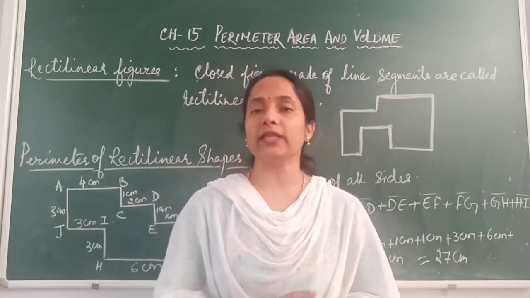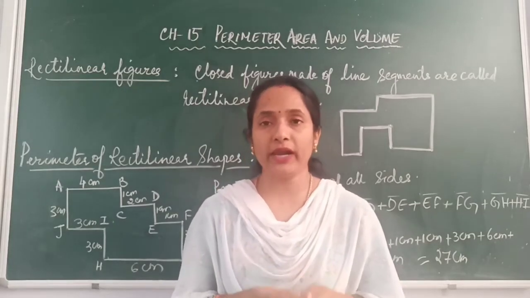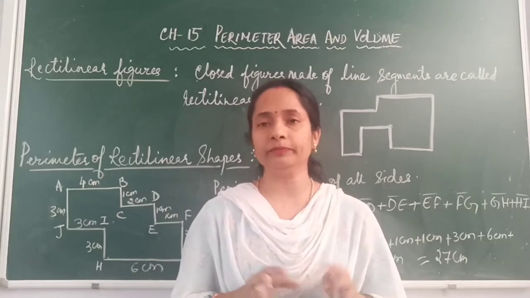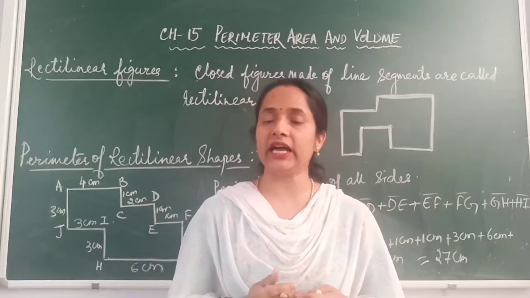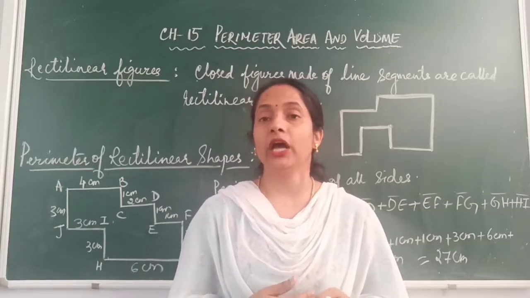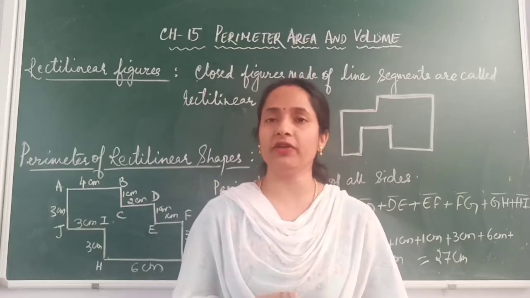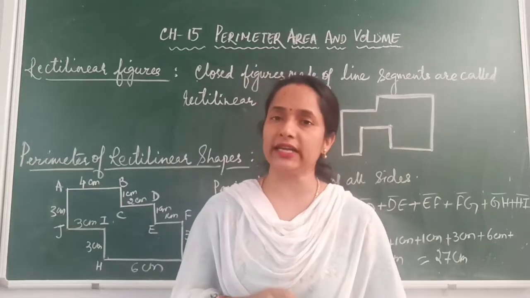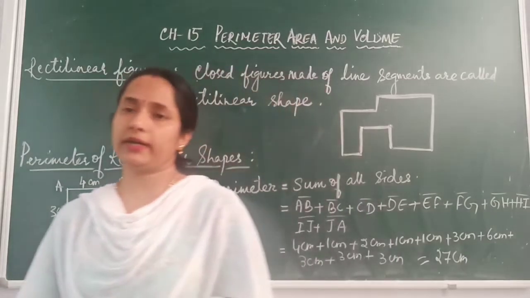In today's class, I will only discuss a few formulae which will help you to find the perimeter and area of the rectilinear shapes, whereas in the next class we will discuss how to derive the formula and how we can frame the formula for area and perimeter.